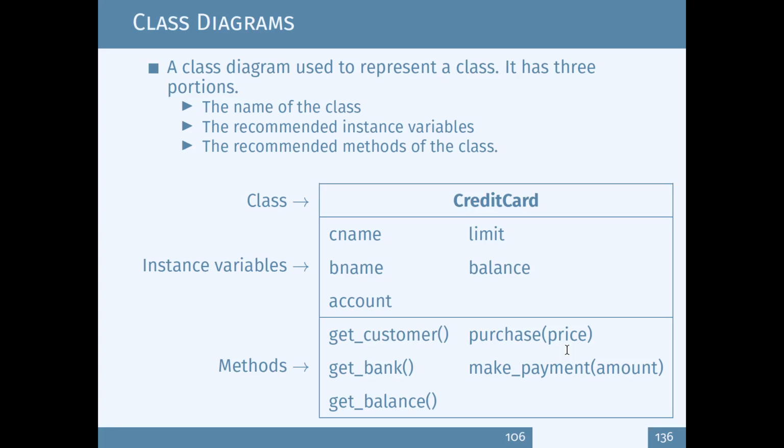Let's say that there's a credit limit of, let's say, 50,000. And if you say balance is 20,000, that means out of 50,000, you have already spent 20,000. So the balance will be 20,000, which means the price that you are going to purchase should be less than the difference, right? You cannot exceed.